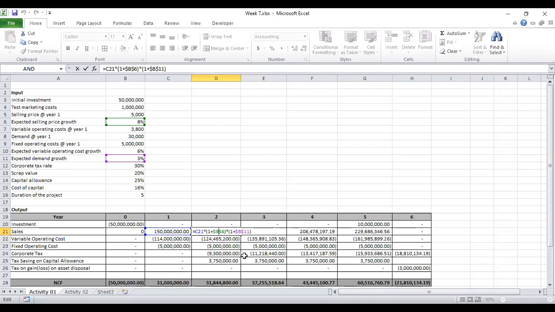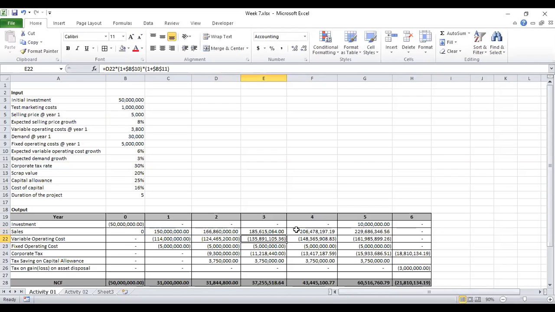So therefore, I believe that this was not a big problem when it comes to taking the cash flows. Yes, Ravindu, you have done it perfectly, and that is exactly the correct way of doing. So you would incorporate the selling price growth and the expected demand growth, right? Then you generate that and you can simply drag it.